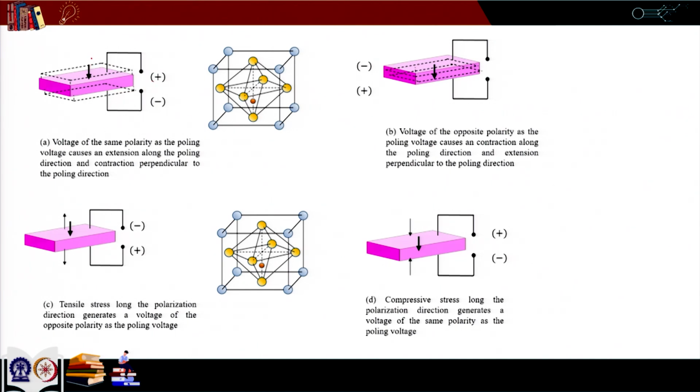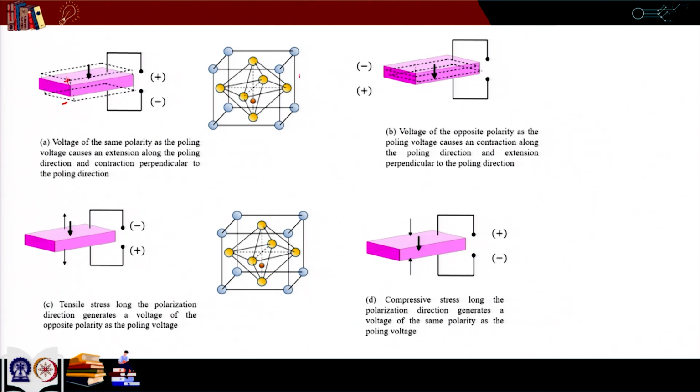Here the direction of polarization is shown negative, which means to get this kind of polarization, the electric field used for poling should also have been like this, plus up, minus down. Now, we are applying the electric field in the same sense, plus up and minus down. If we do that, then the material thickens. So, its dimension increases along the thickness direction, and accordingly it reduces along the other two directions.